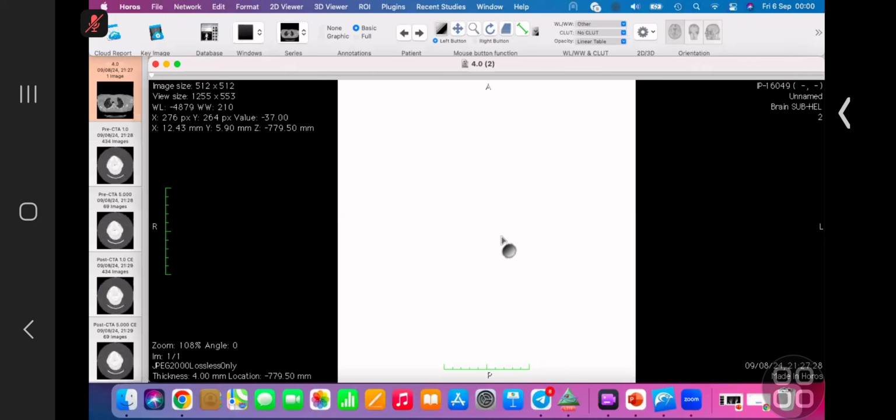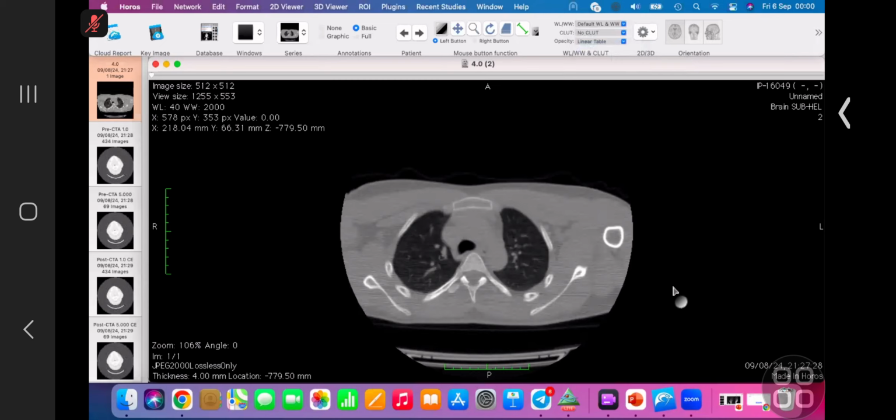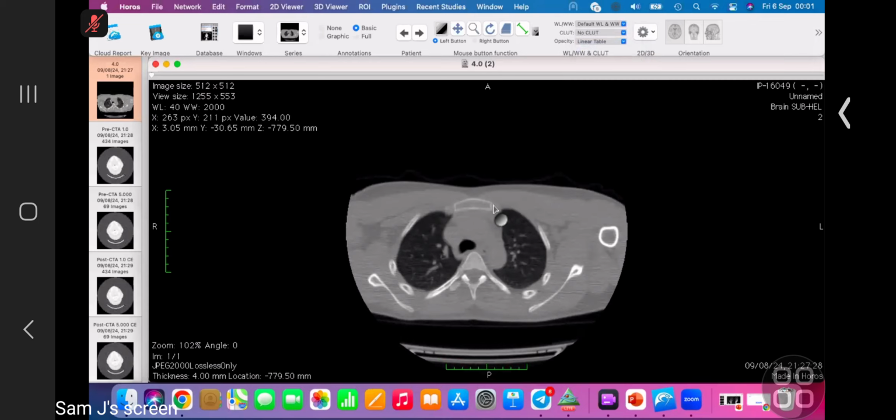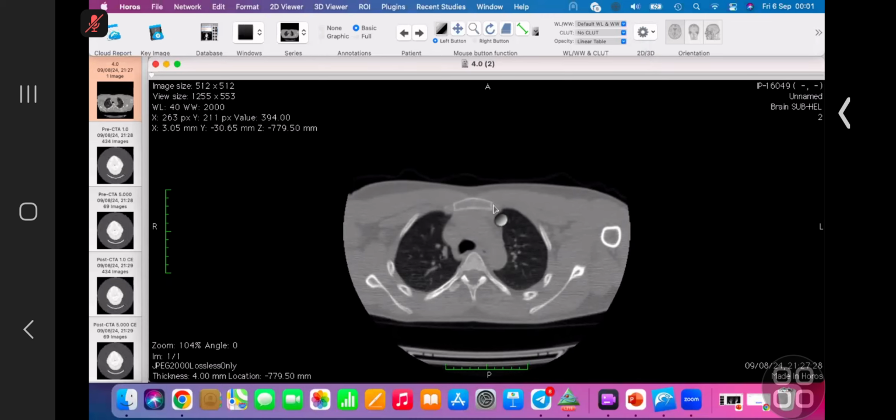Shall I scroll up and down? Yes, just give me a second. I think you have, let me adjust the window. Yeah, you can scroll. You can take any window if you want. I'm just trying to scroll, but it just zooms the image. Take the next one. Yeah.